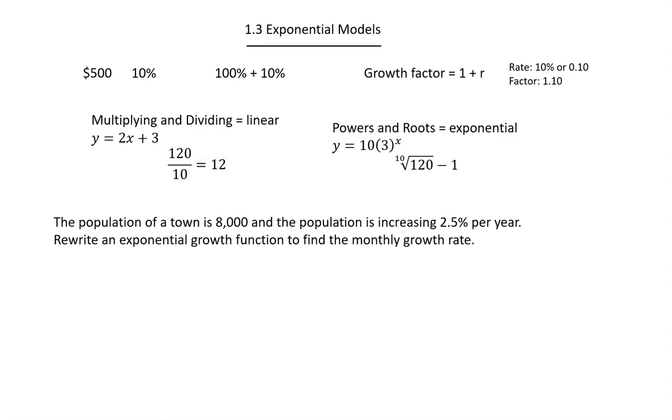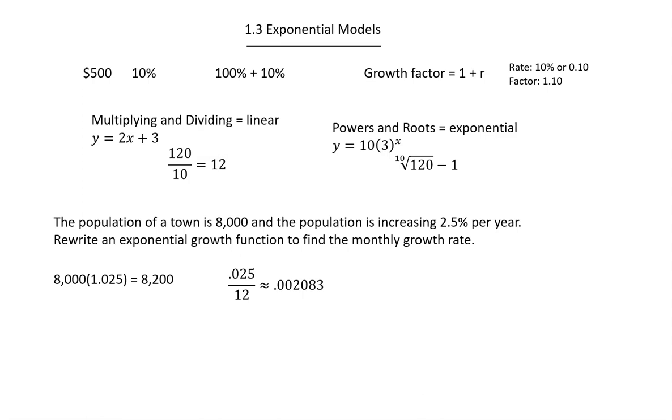So if I take the 8,000 times 100% plus the 2.5%, I have 8,000 times 1.025. So for a year, then I should have 8,200 people at the end of the year. So if you did that on your calculator, if you multiplied 8,000 times 1.025, that would give me 8,200.